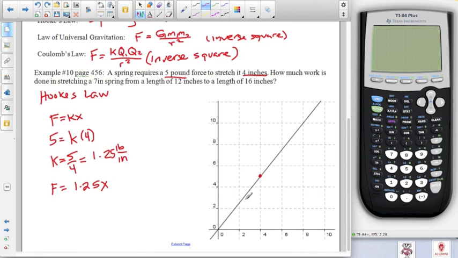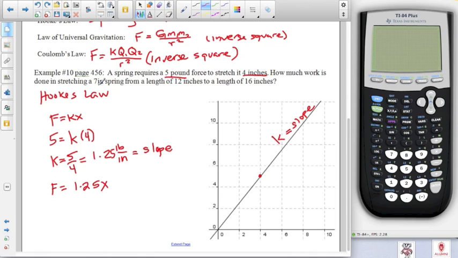And if you notice, all we're doing is going up 5 over 4. So this 1.25, this k, is really just the slope of the line from an algebraic standpoint. So, slope of the line. And so what we want to do is we want to stretch the spring.